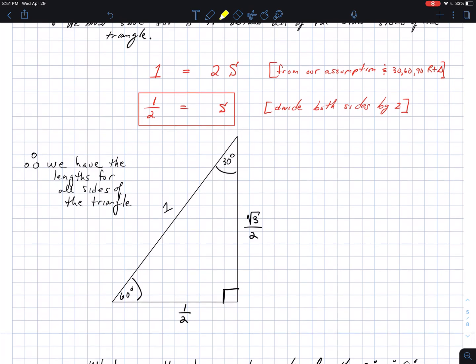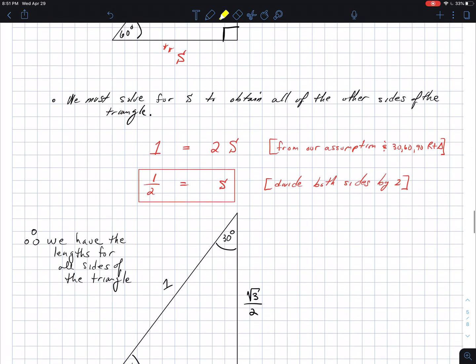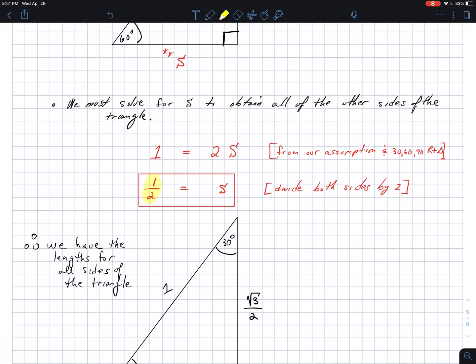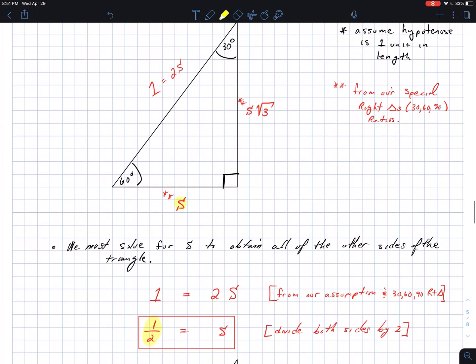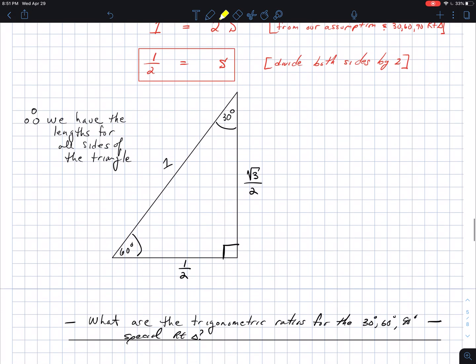All we had to do was what? Substitute 1/2 back in to the S's. And that's exactly what I did. So if you're a little confused about where this one came from, well, I'll clear that up for you right here.